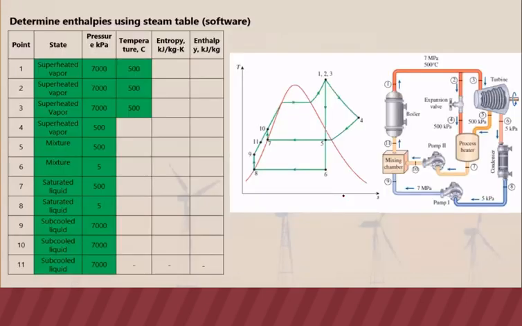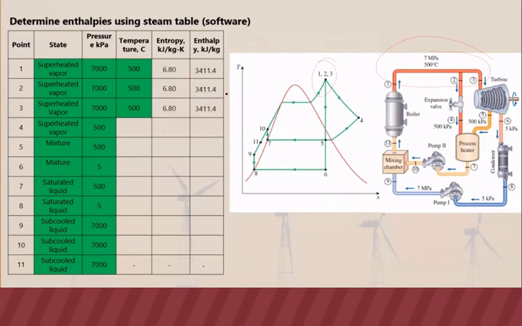We are to fill in the table using the software or steam table. At point 1, we have superheated vapor at 7,000 kPa and 500 degrees Celsius. Again, 1, 2, and 3 are the same points, so we can get the values immediately from the software.